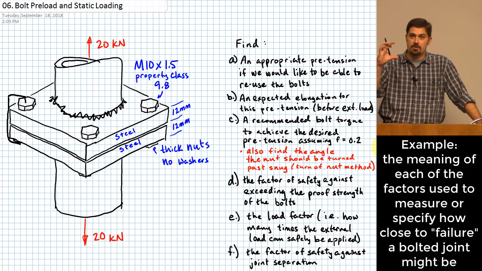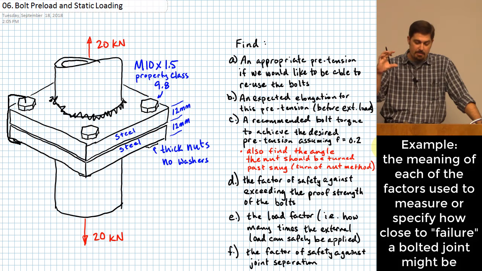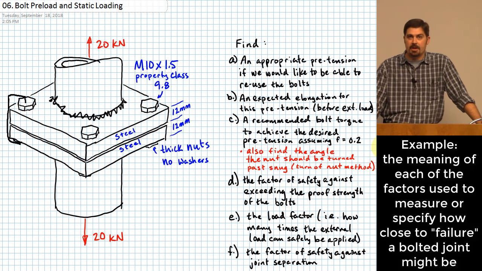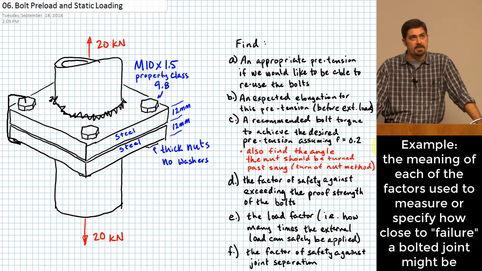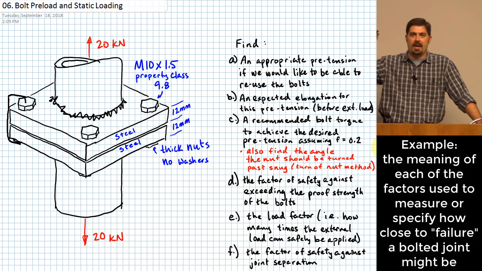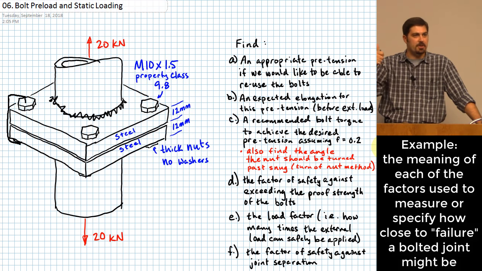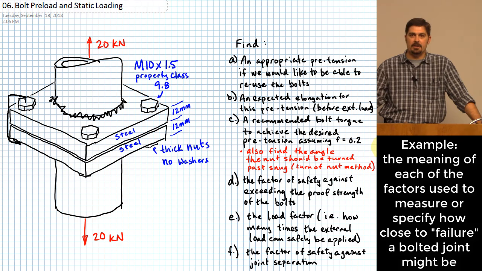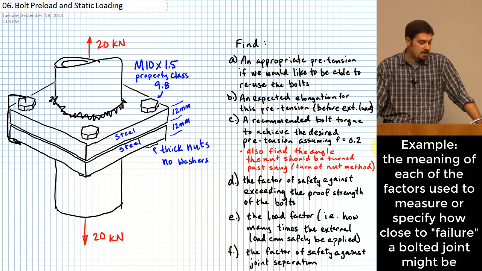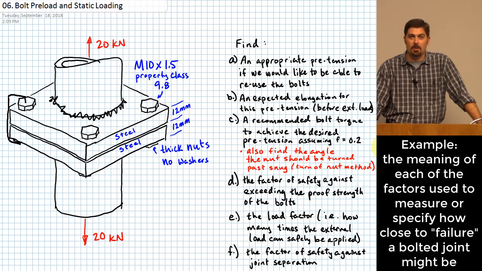You can stretch the bolt enough that you don't have any more compressive stress built up in the pieces you are clamping, and that generally constitutes a failure as well. One of the reasons is that once that happens, all of the additional load you put on after that goes into an increase in stress in the bolts. There is no sharing of how that load gets distributed, and that can mess with your calculations. That's one problem with it.